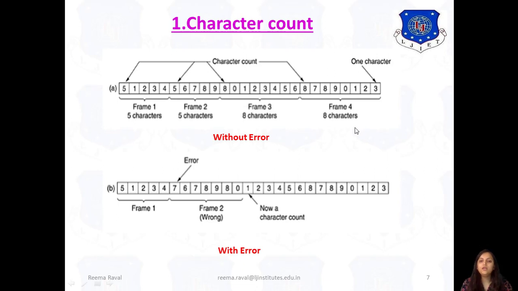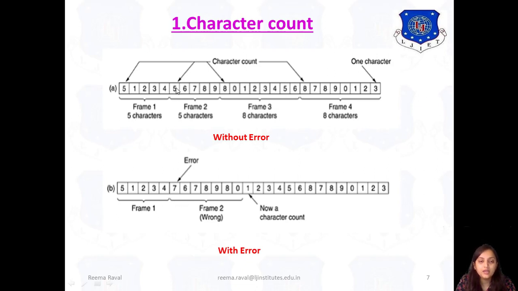Alright. Now, the next case, that is the with error case. In this, the case is considered where frame 2's first field, that is the character count, is changed due to some problem. Then the entire frame count is changed and the entire frame is lost, right? That means the upcoming frames are received in the wrong way. Let's say for example frame 1 is received correctly. Now in frame 2 the count is changed.